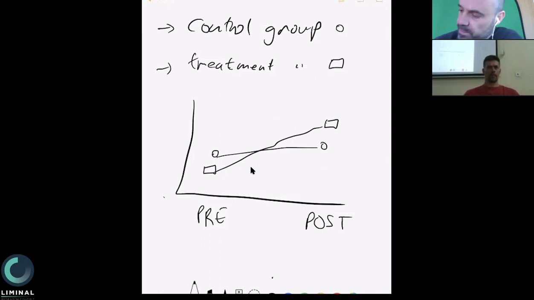What you want to see is this improvement here and that improvement there. You can see the treatment group goes up a lot, and the control group just improved a little bit. So you want to see the improvement over and above the control group.